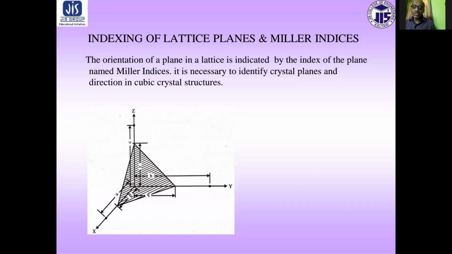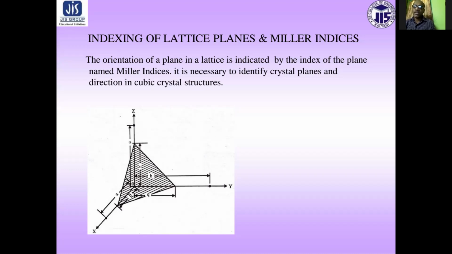The units along the x, y and z axes are taken as A, B and C respectively, which are the unit vectors, and the plane meets the axes at the points P, Q and R.